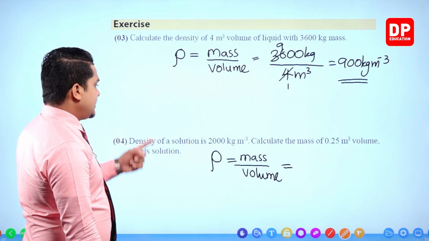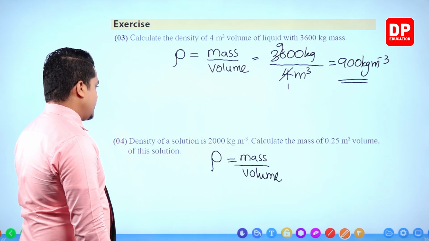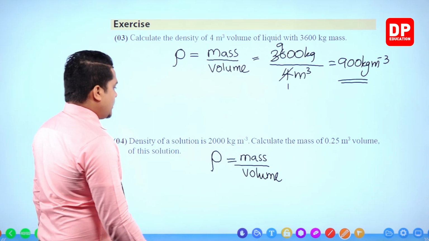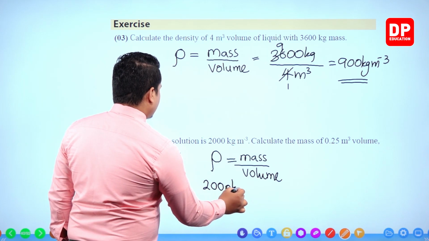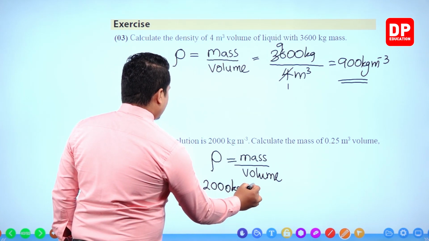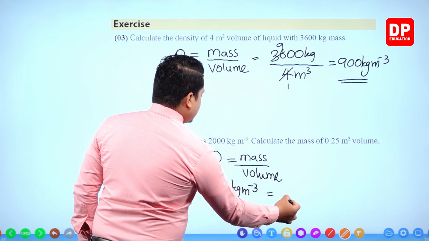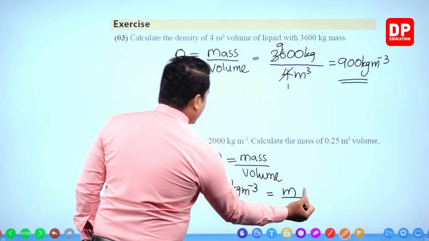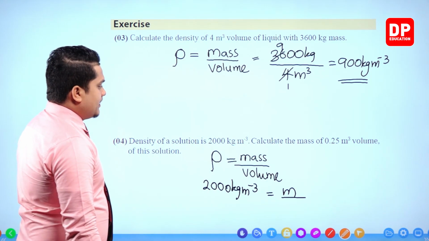So density is given. Here the density is given, my dear children. Density equal to 2000. Mass is the one we are going to find out. So M is not given.